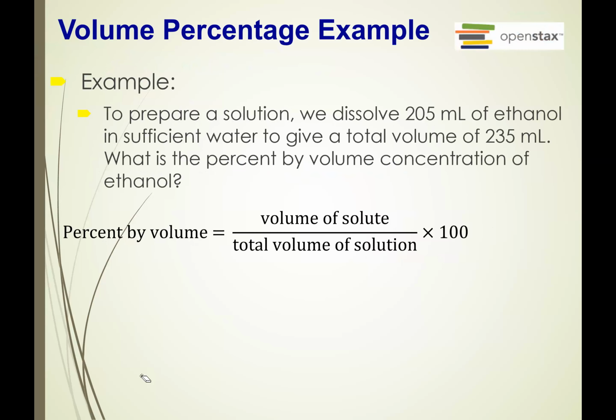So if we look at this, here's our percent volume. To prepare a solution, we dissolve 205 milliliters of ethanol in enough water to give a total volume of 235 milliliters. Okay, so we have solute and solution. The smaller one is always going to be our solute, and our total volume is our solution.